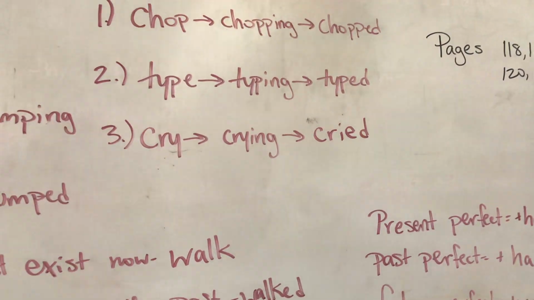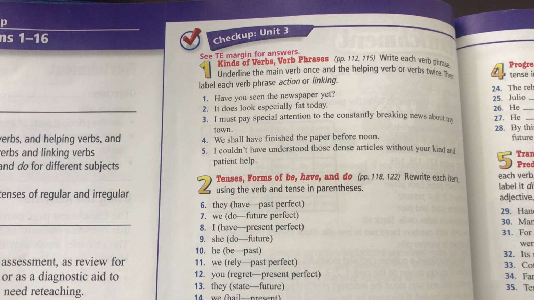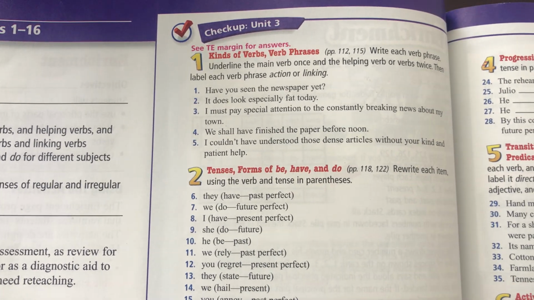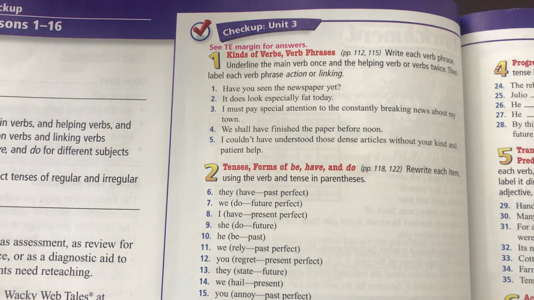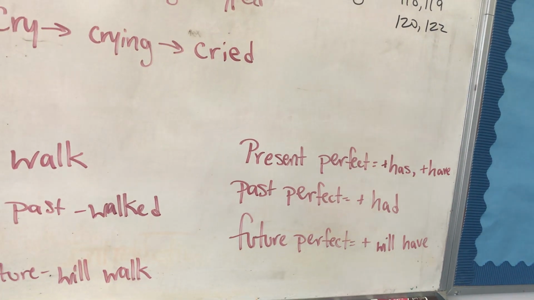All right, let's go to number 7. So we have we, and then they want you to transform do into future perfect. So I'll give you guys a second to think about that. Future perfect.